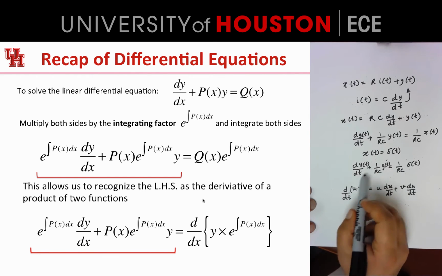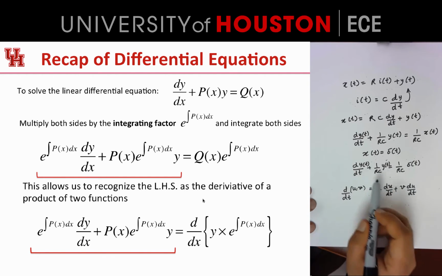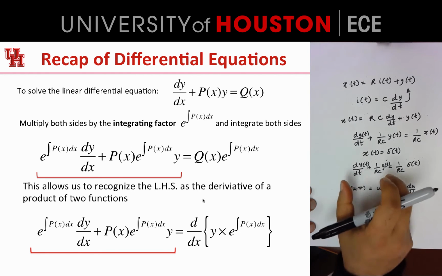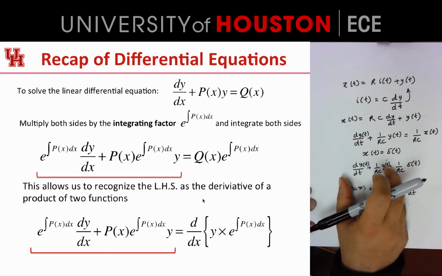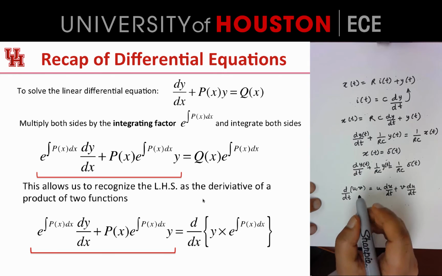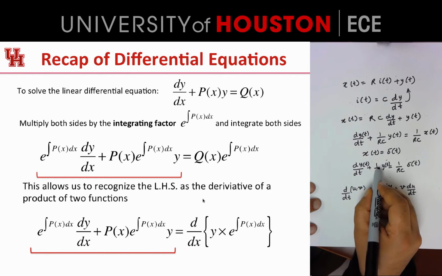So if we somehow magically can identify a product of this type, we can integrate what's on the left-hand side. Now this can be done by multiplying throughout by what is known as the integrating factor. The integrating factor is simply e to the power of this guy integrated.